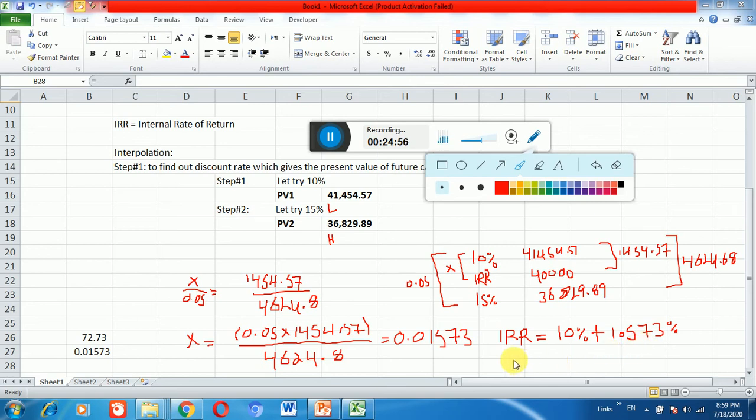And then when you add, finally we have IRR equal to how much?